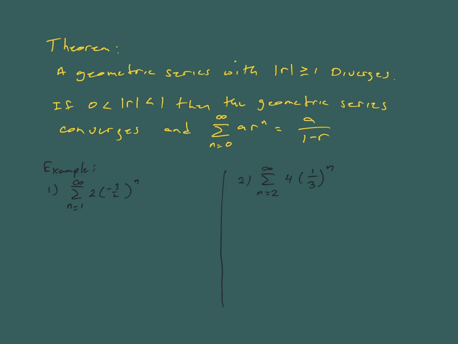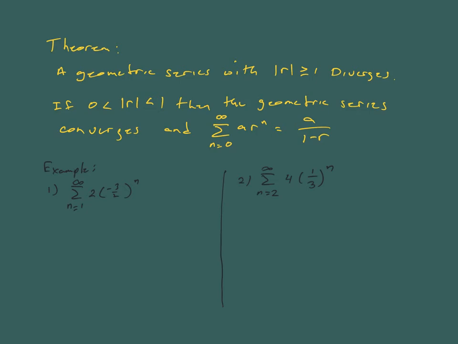Now, the other thing you have to keep in mind here, this is where some mistakes happen. This is a form of the geometric series, but when I'm working on these, I will always write out an expansion of the first few terms.